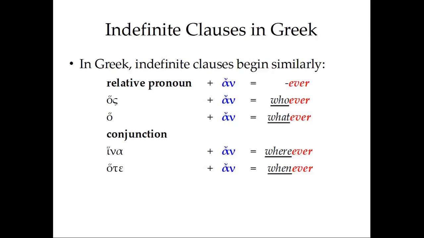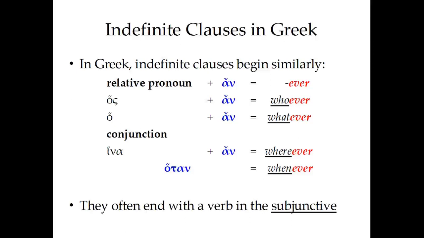Hote means "when." And these two sounds sometimes get combined, actually. Hote an, since we have a vowel at the end of the first word and at the beginning of the second, into one. Hotan would be whenever. And these indefinite clauses often, though not always, end with a verb in the subjunctive.